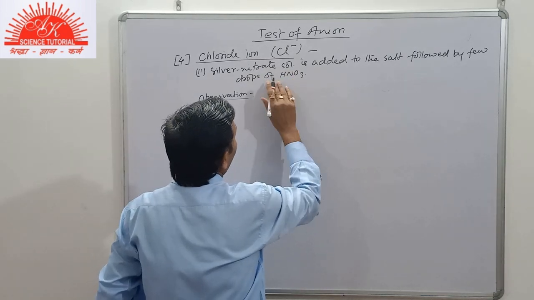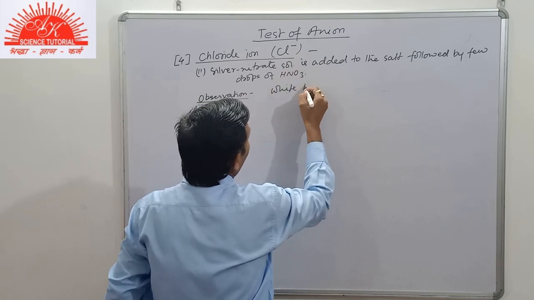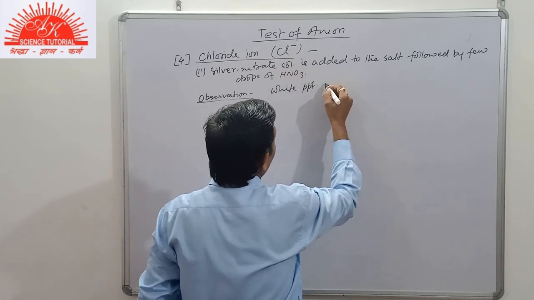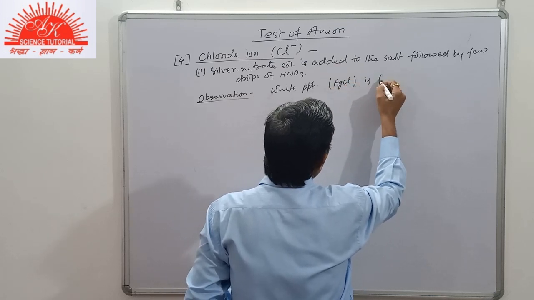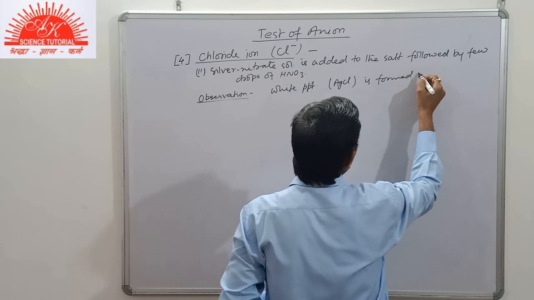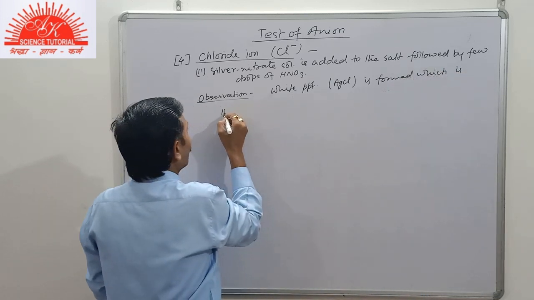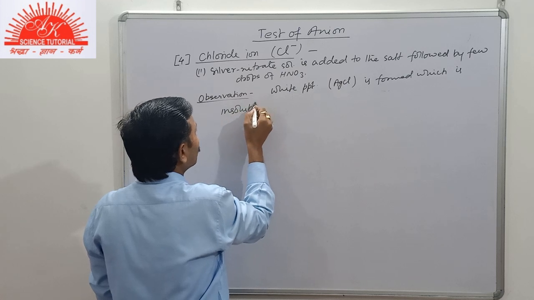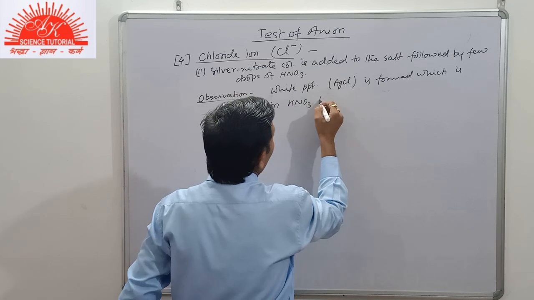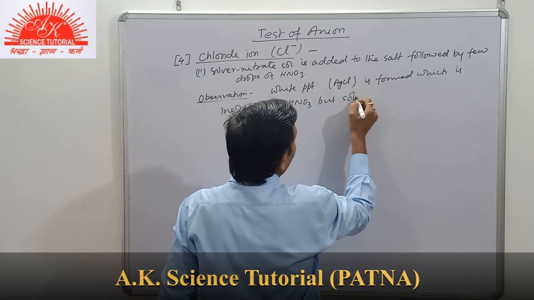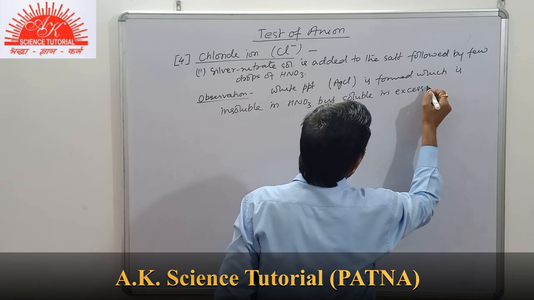So we write: white precipitate of AgCl is formed, which is insoluble in HNO3 but soluble in excess of NH4OH.